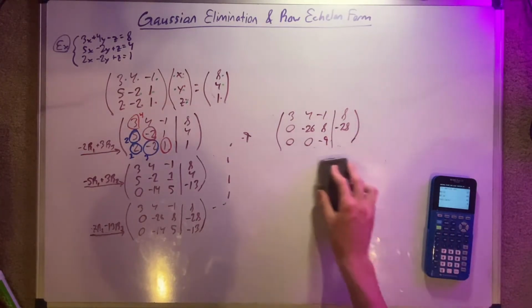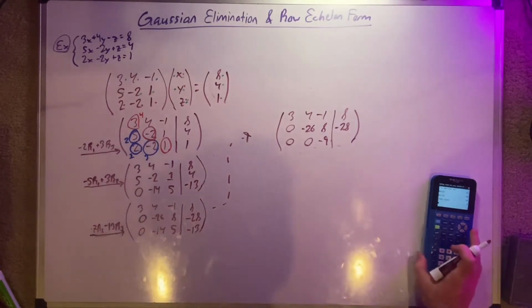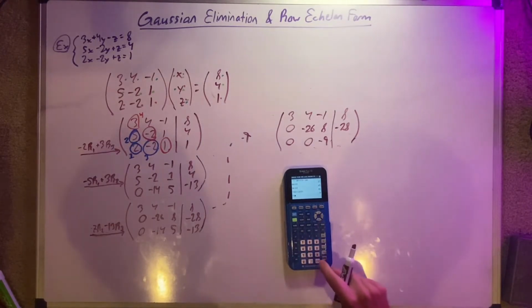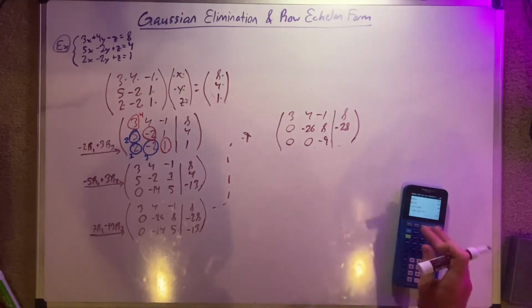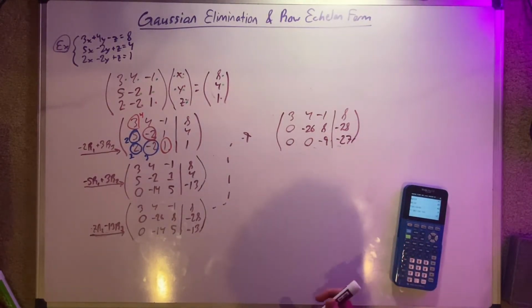So now we have -9, which does actually seem like the number, and then 7 times -28 minus 13 times -13 is -27. Oh my god, it worked.